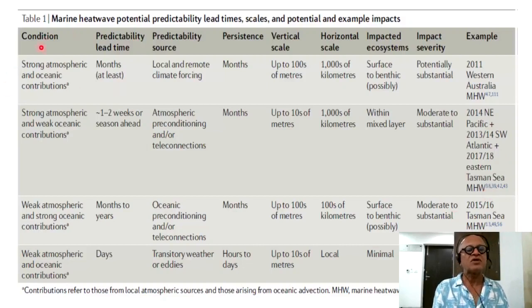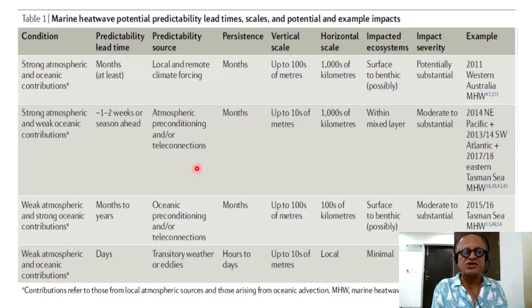I won't read all the details, but there are predictability lead times from weeks, months, seasons ahead to years and days, and the predictability source can be local or remote climate forcing like Rossby waves or Kelvin waves.